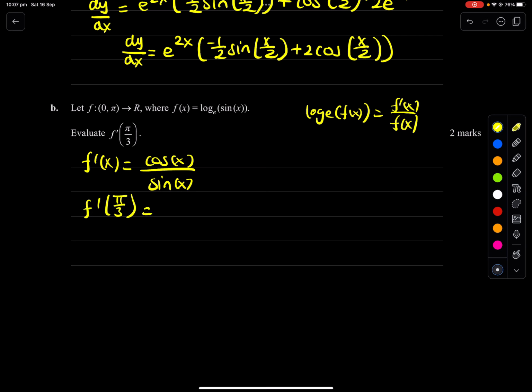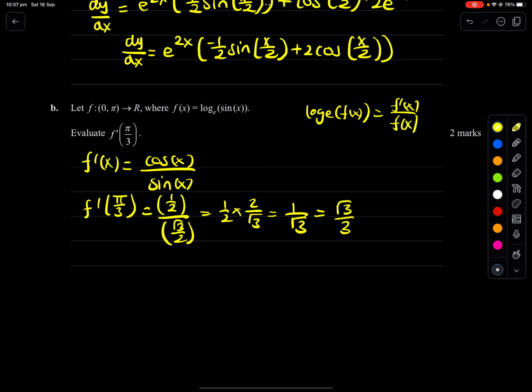It's cos pi on 3, which is half, over root 3 on 2. So half times 2 over root 3, which is 1 over root 3. For methods, you don't even need to rationalize, or you can rationalize as root 3 on 3. Perfect. Done.